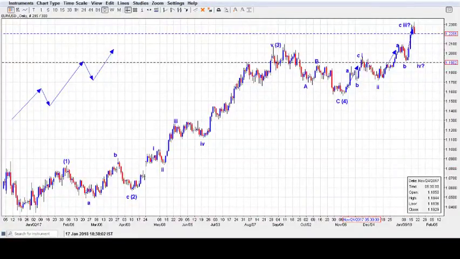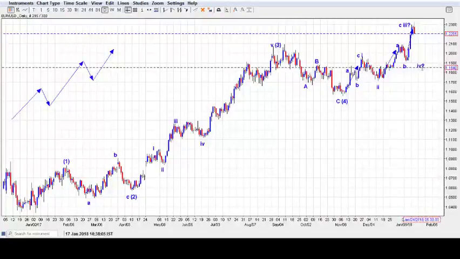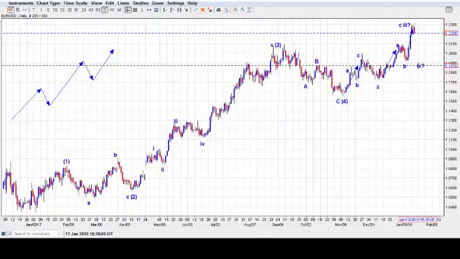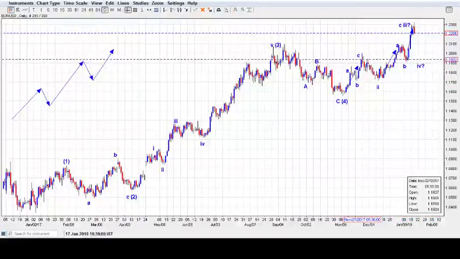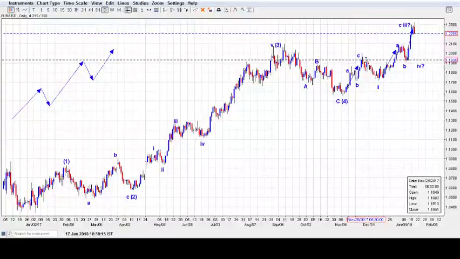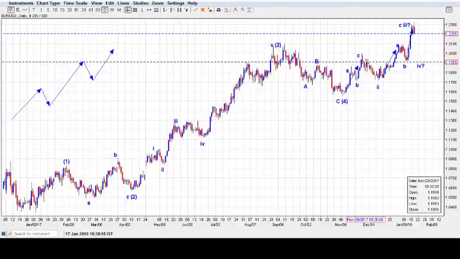All right, in an impulse this is never the case, but in the case of a diagonal, it is always the case. Wave 4 invariably overlaps the territory of wave 1, which begins almost from, let's say, 1940, and could go all the way towards the 1900 handle.